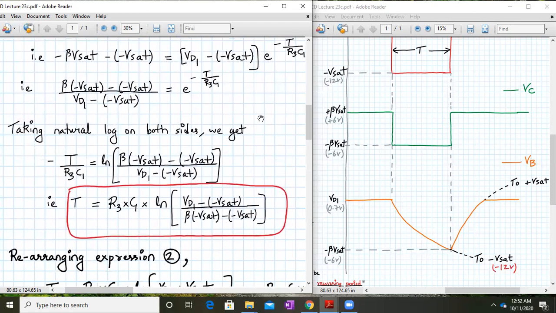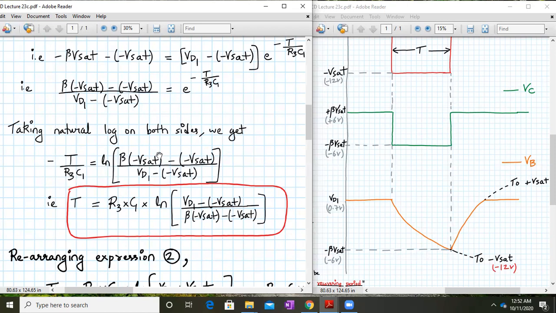So we take the natural log on both the sides. So after taking the natural log, we get minus T upon R3 into C1 into ln of this entire expression, beta into minus Vsat minus of minus Vsat divided by Vd1 minus of minus Vsat. Okay.